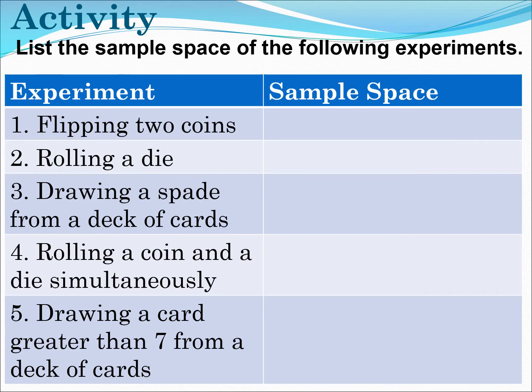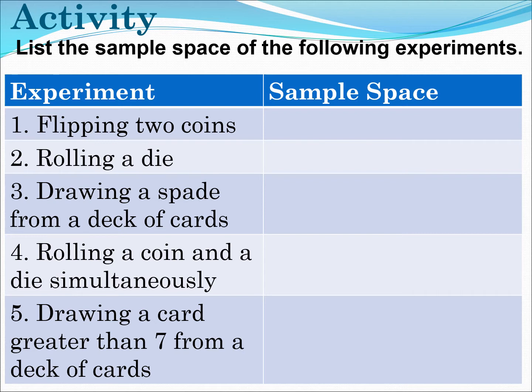So, you're going to encounter different terms in statistics and probability, like experiment. When we say experiment, like in science, you're going to do an activity and list down or find the possible outcomes.